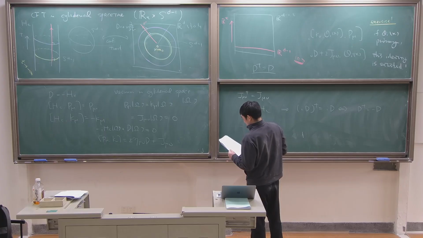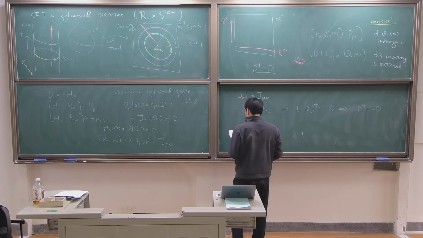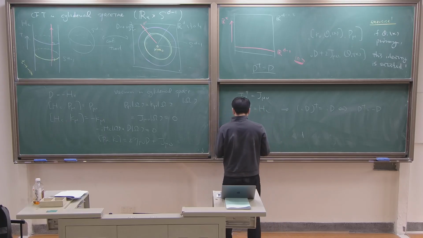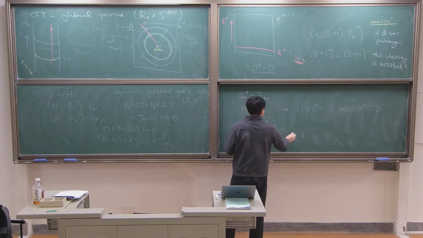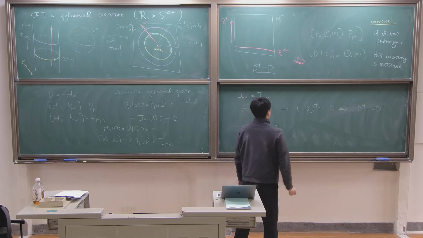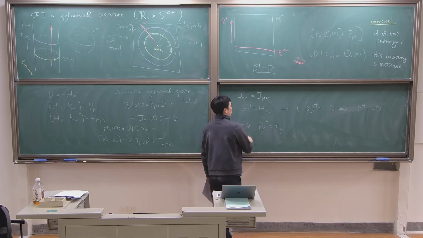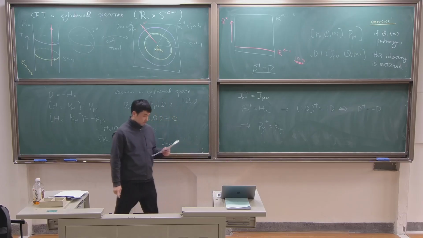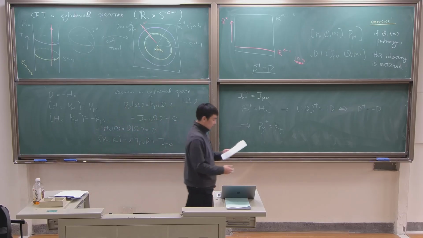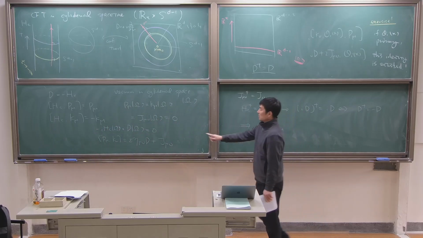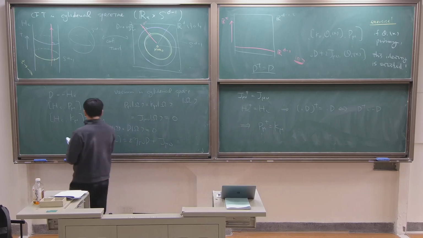Fine. The consequence is that we need to impose P mu dagger is K mu. So as a consequence of that, we need to impose this condition. As you can easily see, let's look at this example. This is I times this one.